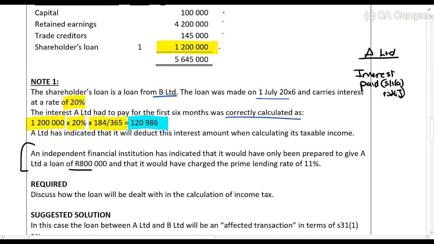Then I tell you an independent financial institution has indicated that it would only have been prepared to give A Limited 800,000 rand, instead of 1.2 million, and would have charged the prime lending rate of 11%, not 20%.